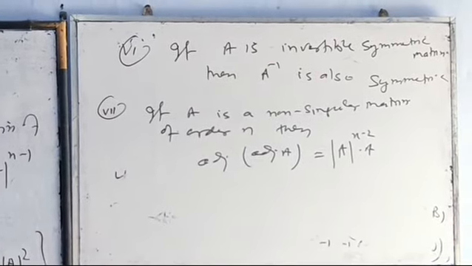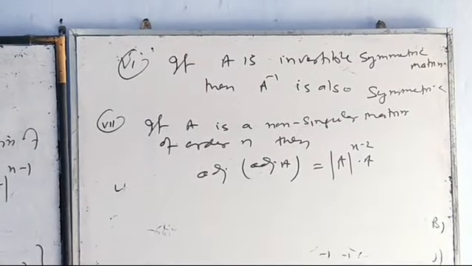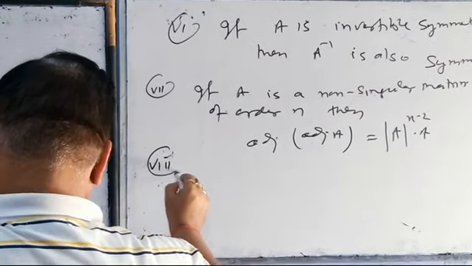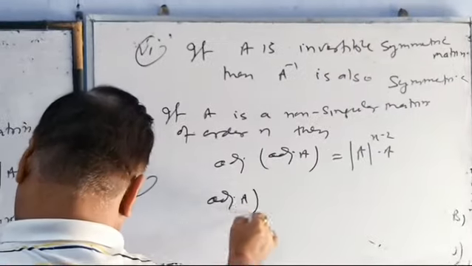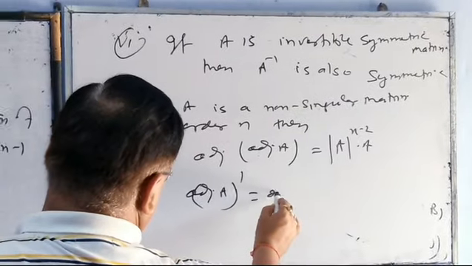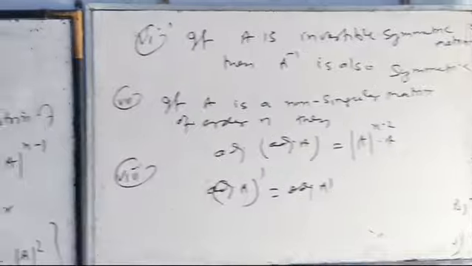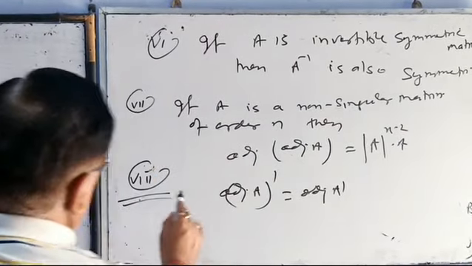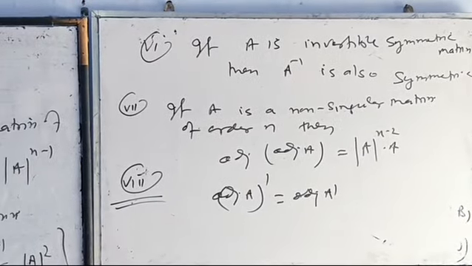These are the properties of inverse matrices. Also, adjoint A transpose is equal to adjoint of A transpose. These are the properties of inverse and adjoint matrix.